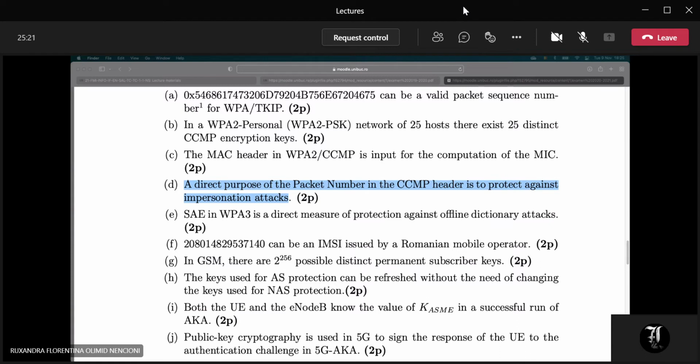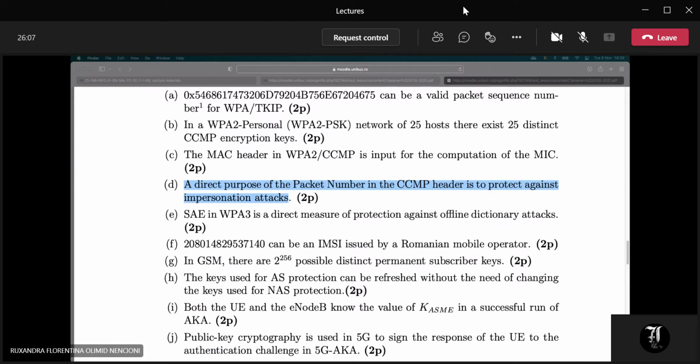For example, I somehow managed to clone the other device, and it's not a replay attack, but it's an impersonation attack. So if I have protection against replay attacks, I don't necessarily have protection against impersonation attacks, even if I consider the replay attack as a part of the impersonation attack.